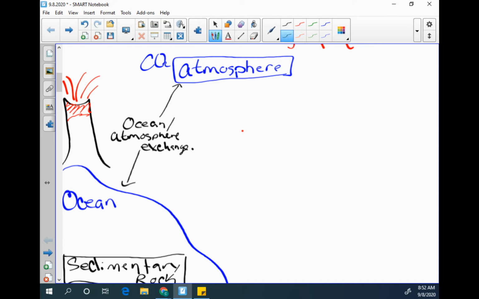Carbon dioxide can also get released in the atmosphere through volcanoes and other geological processes. So we're just going to write volcanoes. Can release carbon dioxide into the atmosphere.